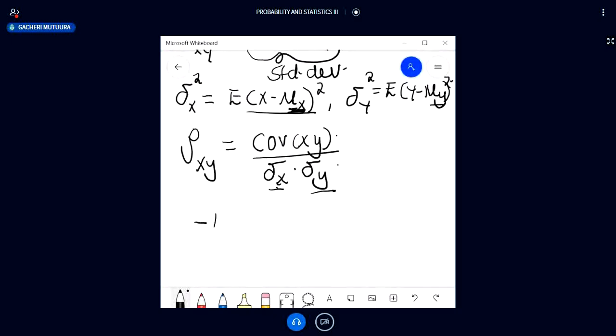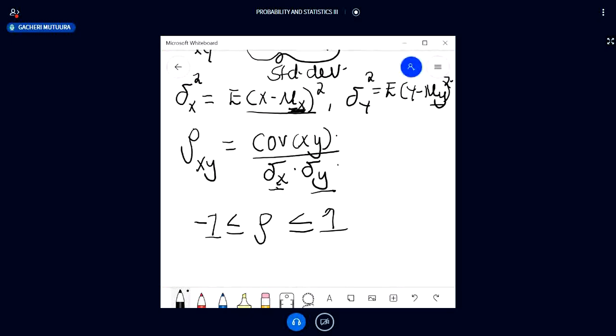Also you have to note that it lies between negative 1 and positive 1. As it approaches 1, it signifies strong correlation. As it approaches 0, the correlation or the association between the two variables decreases.